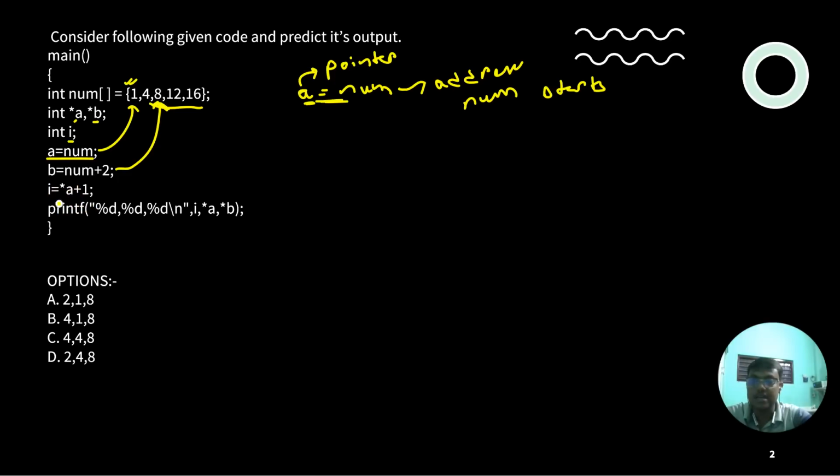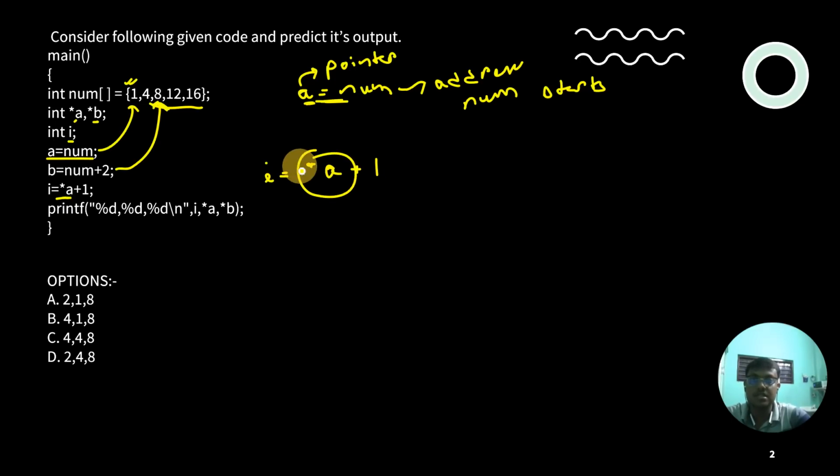And in this line, an assignment operation is done where I is assigned a value star A plus 1. This star A means the value present at the pointer, that is the value that is stored in the A pointer. What is the value? The value is 1. So this comes out to be 1 plus 1, which comes out to be 2. So I has been assigned a value of 2.